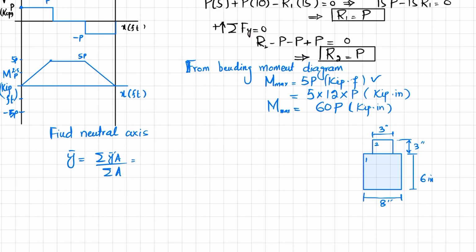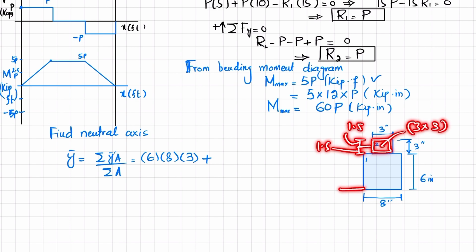The first area is 8 into 6, and its centroid from this base is 6 divided by 2, which is 3. So I will write 6 into 8 into y dash, which is the distance from base till the mid of this, plus now we will have this section. The area is 3 by 3 and its centroid is 1.5.